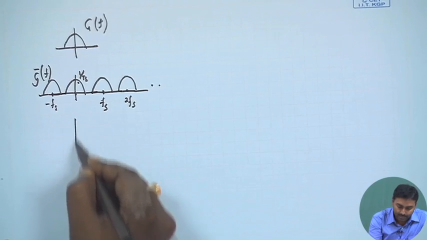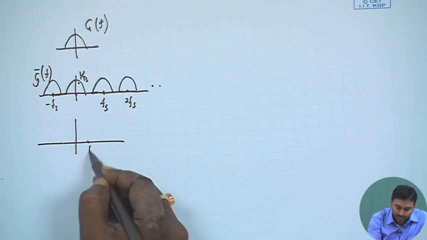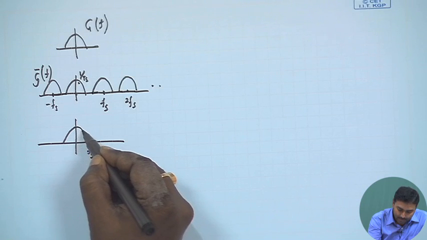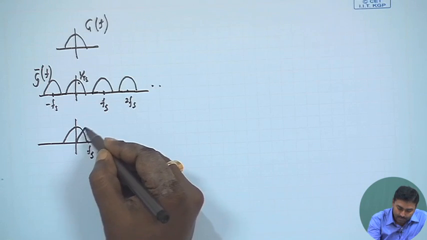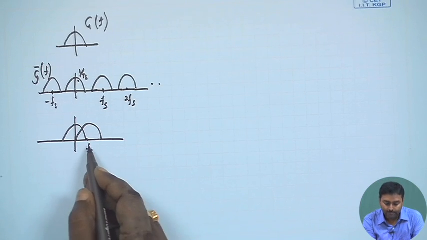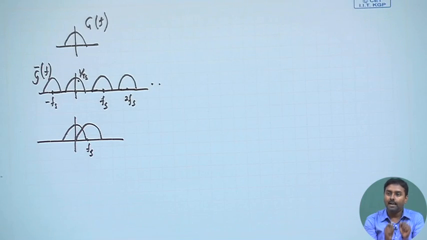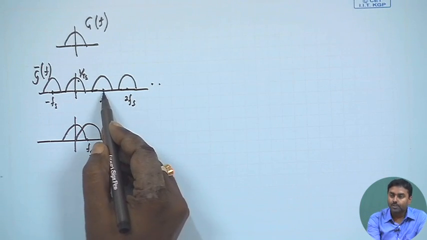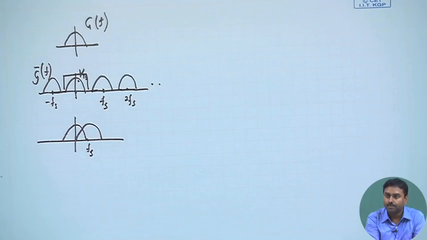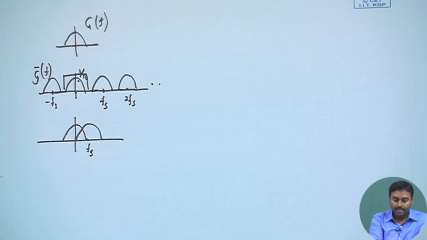You can immediately see that if my fs is too small, suppose I put fs over here, then this is getting repeated and this is getting repeated, and these things are getting superimposed. So, if fs is small, then I will have a problem. What should be my optimal fs so that I can still separate them out with a low pass filter? That is all I will have to do.